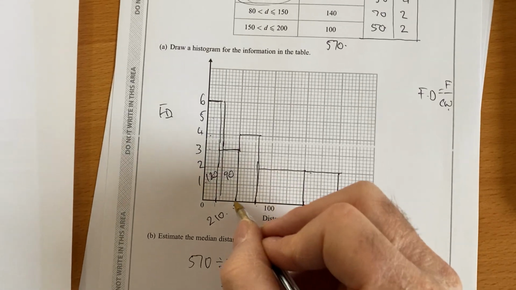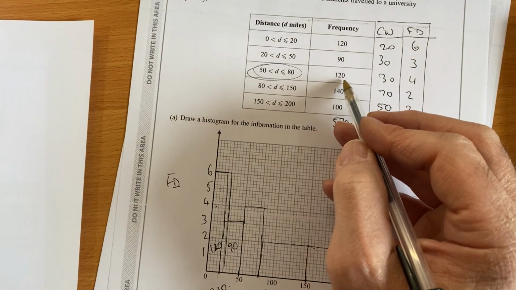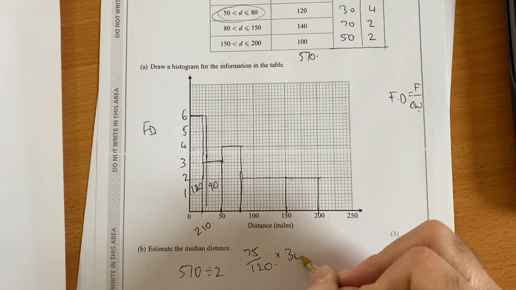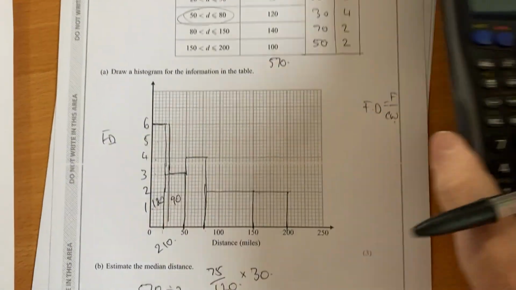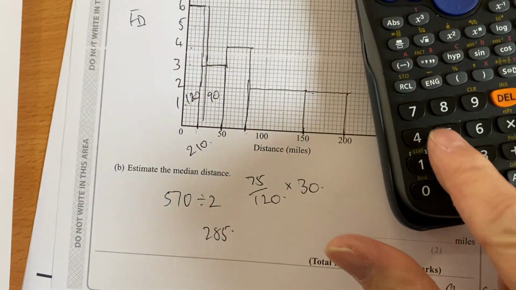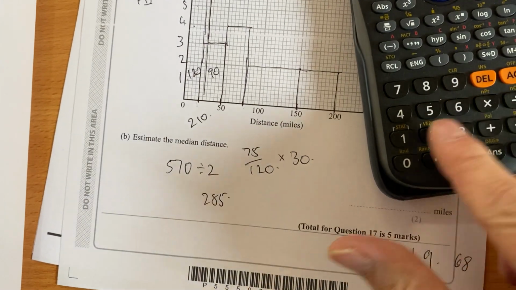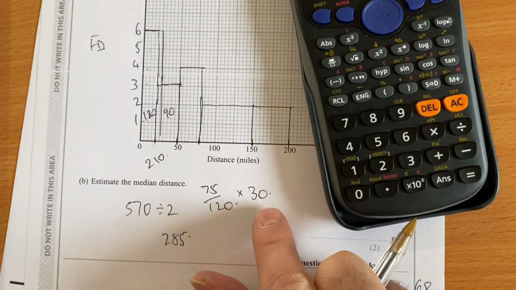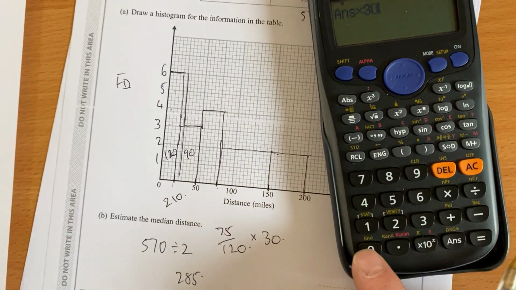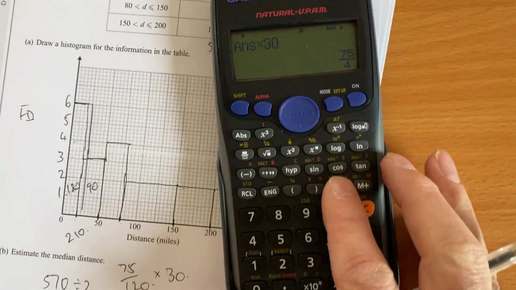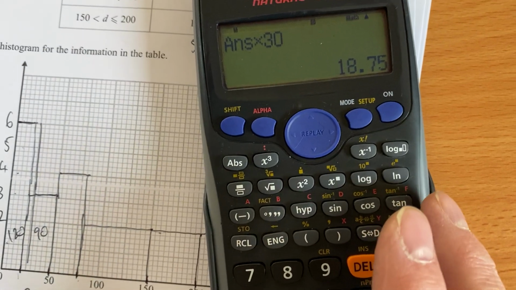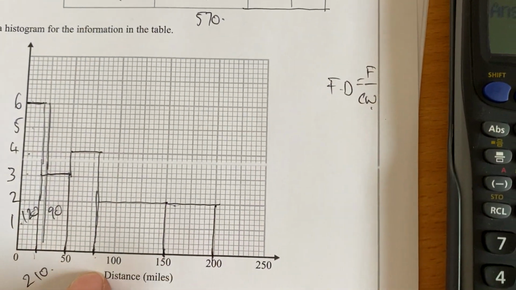So if I times that by that class width, and that class width is 30. It's 75 out of the 120, that gives me 5/8 of the class. If I times it by 30, that'll tell you how far across I go. I go 18.75 across from the 50.